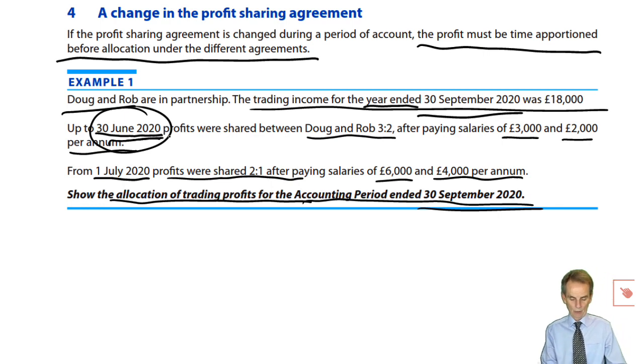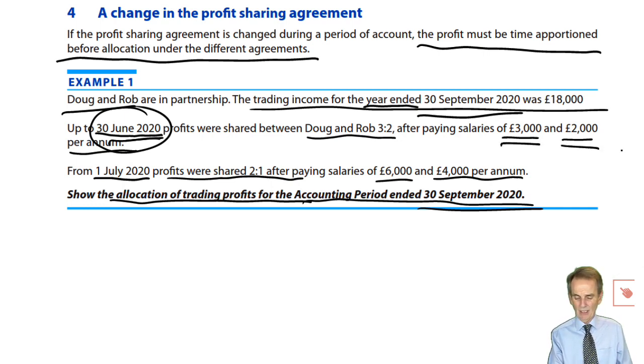How many months is that? Well, that's 9 months. So of those salaries for our two partners, Doug and Rob, 9/12 of each of the £3,000 and £2,000 respectively will be credited. Then any balance is shared in the old profit sharing ratio, which was 3-to-2.